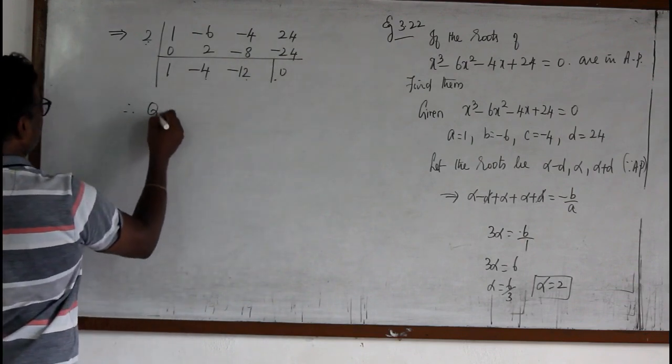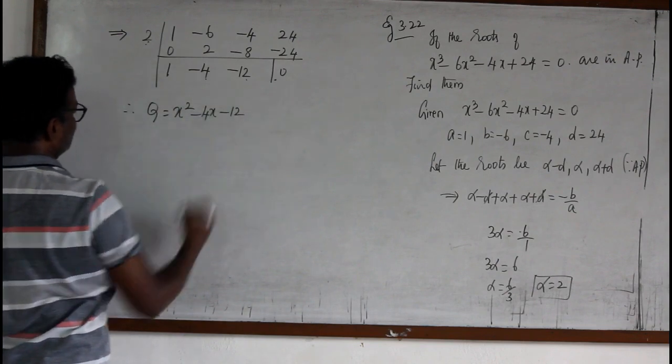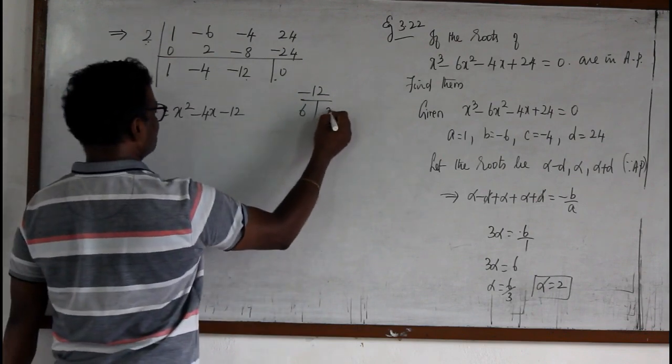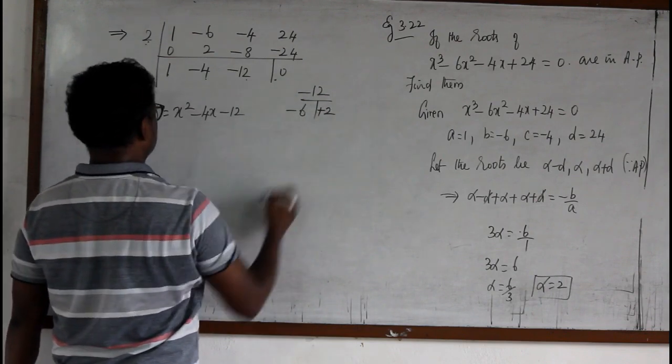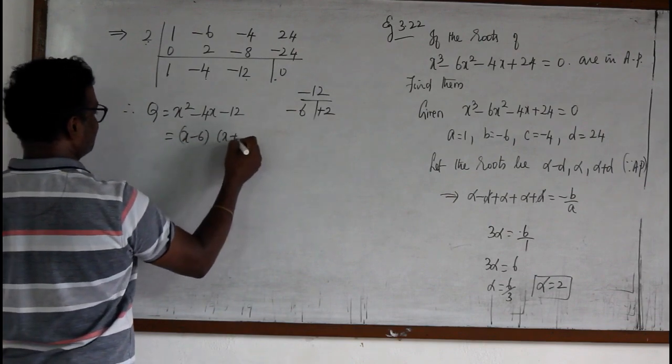Therefore the quotient is x square minus 4x minus 12. Factorizing 12 as 6 and 2, it is minus 6 plus 2, so it is x minus 6, x plus 2.